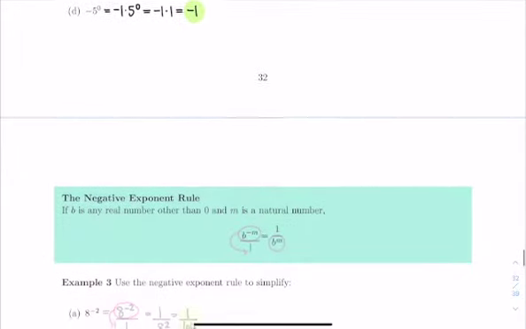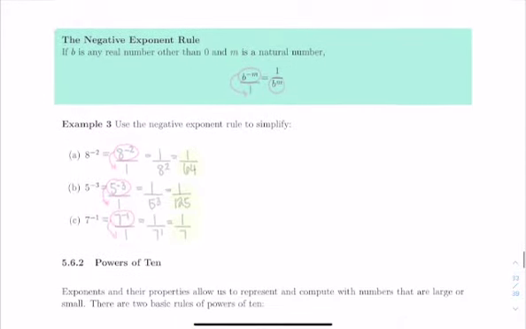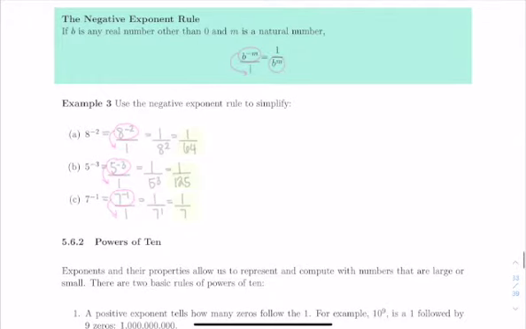The next rule is the negative exponent rule. If b is any real number other than 0 and m is a natural number, b raised to the negative m is equal to 1 over b to the m. So remember that we can always write our numbers over 1.